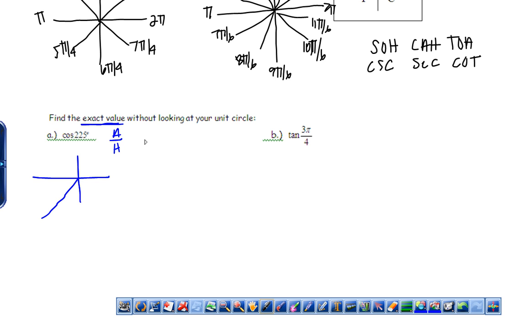Now, you're always going to find your reference angle. Okay, so the reference angle, remember, is of your initial or your x-axis and your terminal side. So it's in here, and you're going to make a triangle from that. So your reference angle here is going to be 45 degrees. Okay, so if this is a 45-degree angle, you know the ratios to a 45-degree angle.